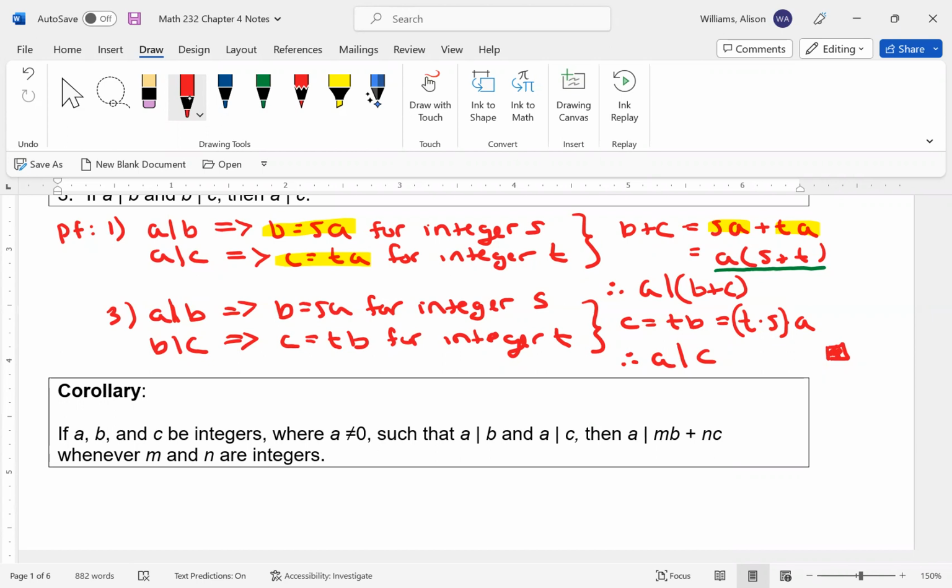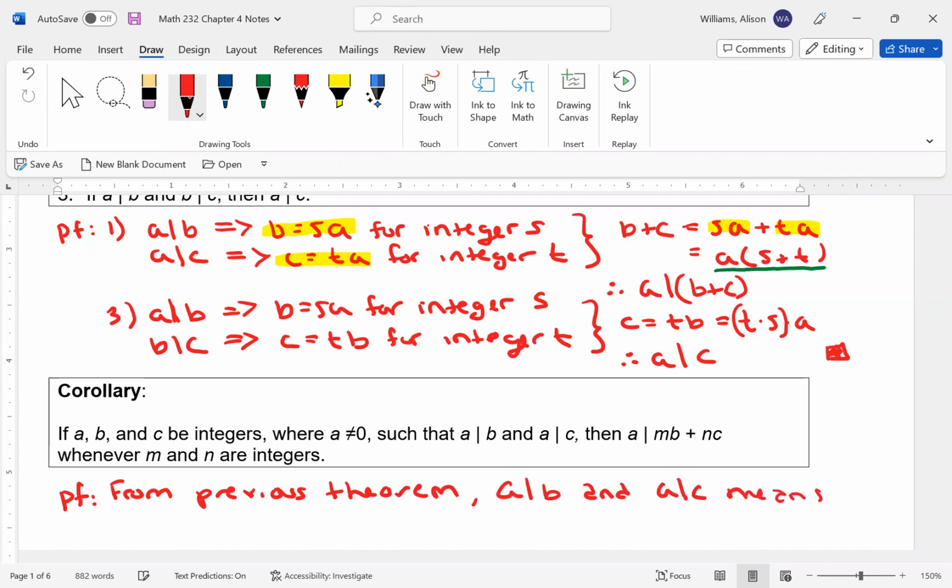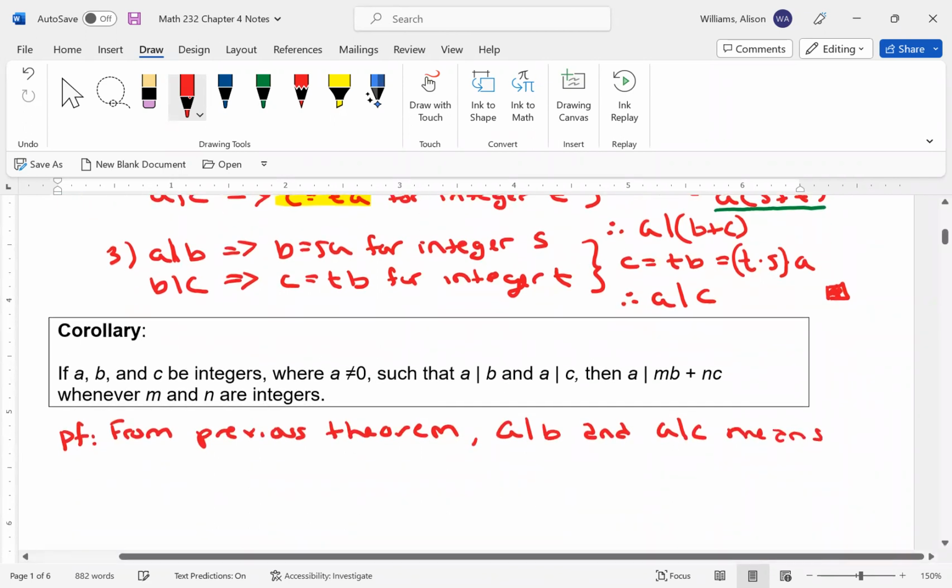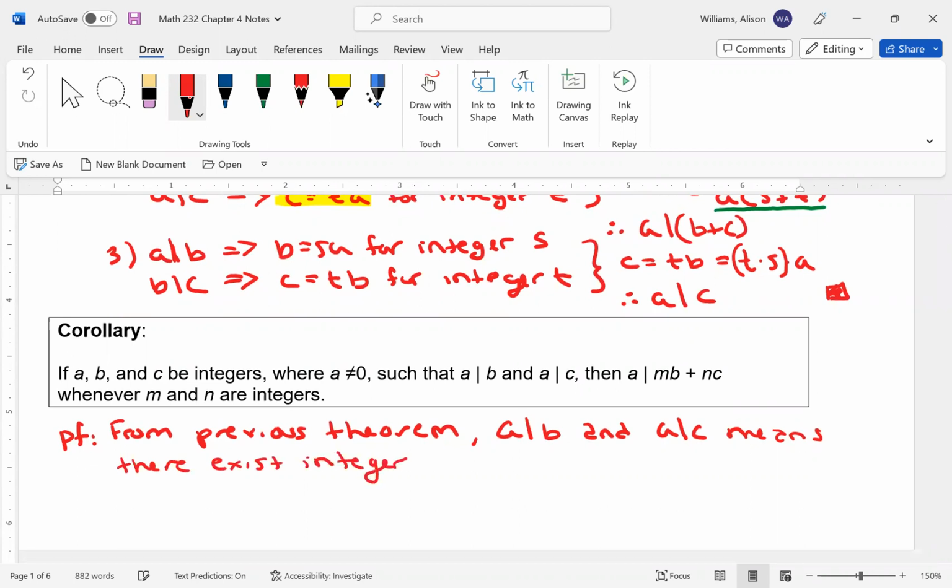Proof from previous theorem. a divides b and a divides c means that there exist integers m and n where a divides mb and a divides nc.